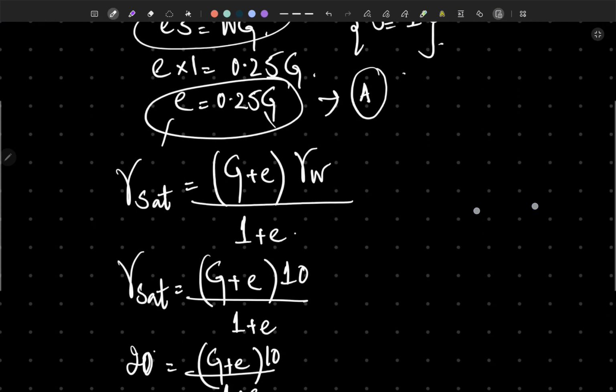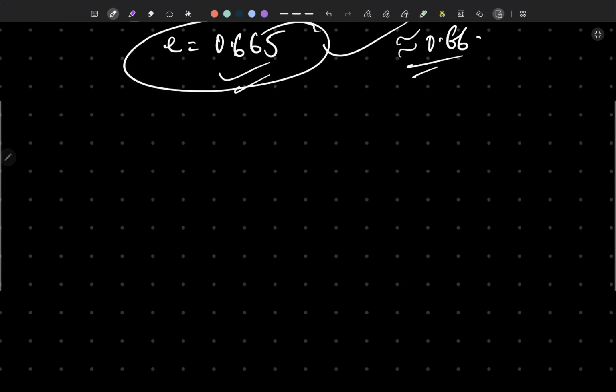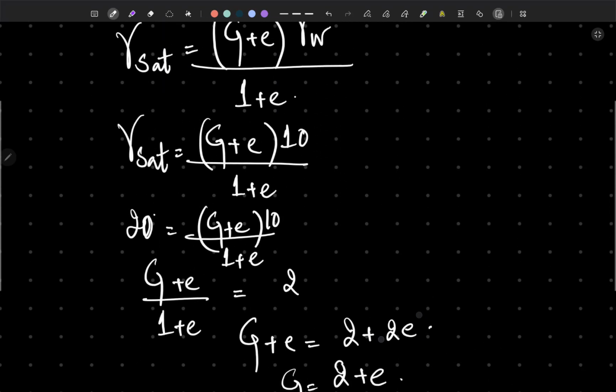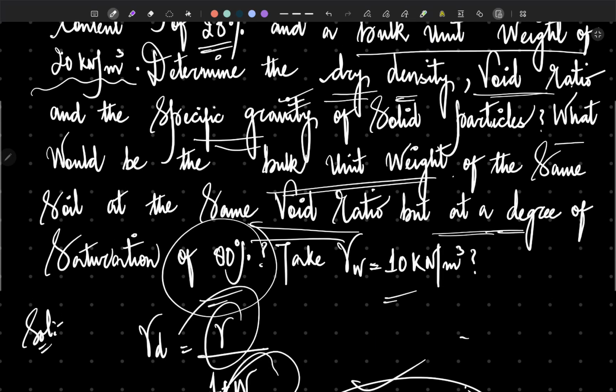We know the general expression: bulk unit weight is (G plus Se) times the unit weight of water, divided by 1 plus e. The question asks for the bulk unit weight at a degree of saturation of 80%, not at 100%.